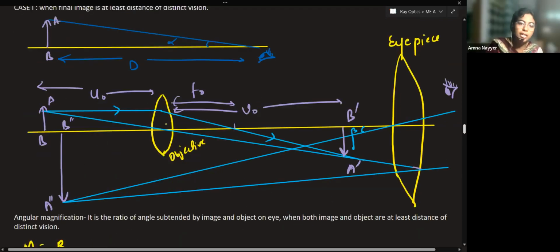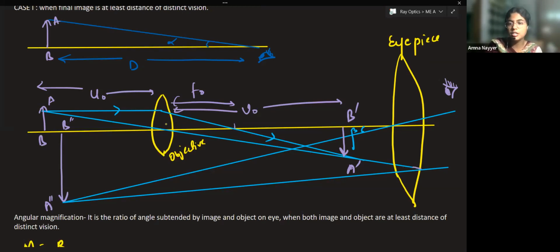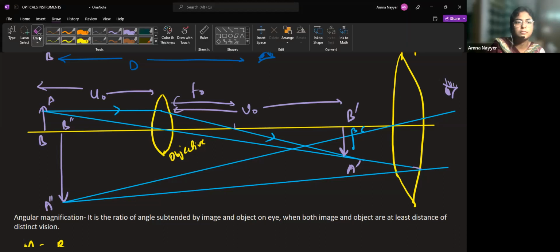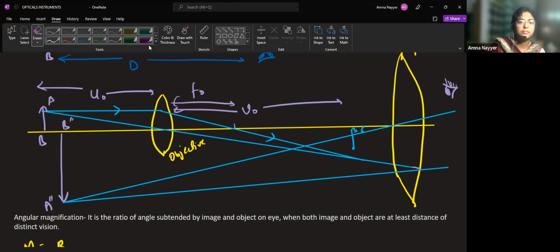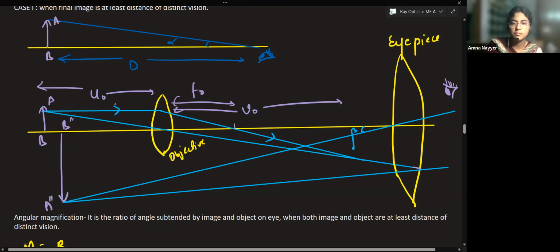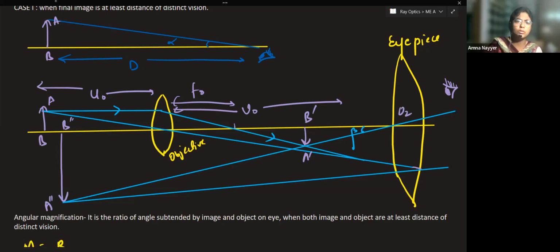See, tan beta will be this A dash B dash. Actually, this has to be a proper triangle. B dash A dash. Yes. Let's take this point as O2, the optical center for the second lens.